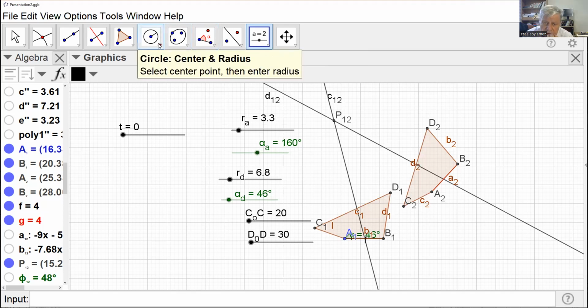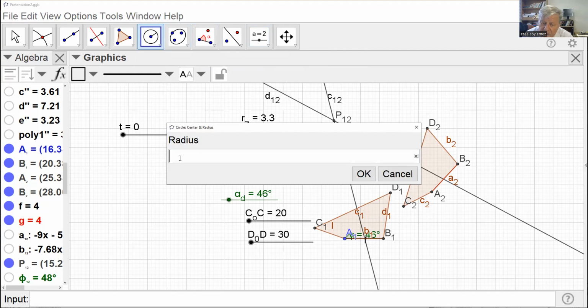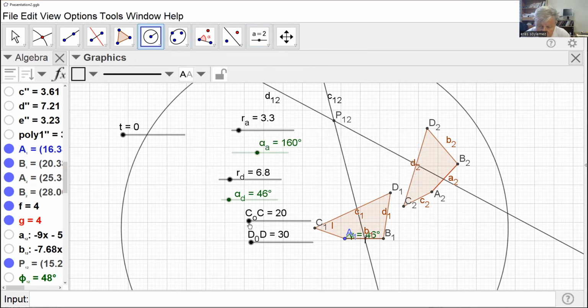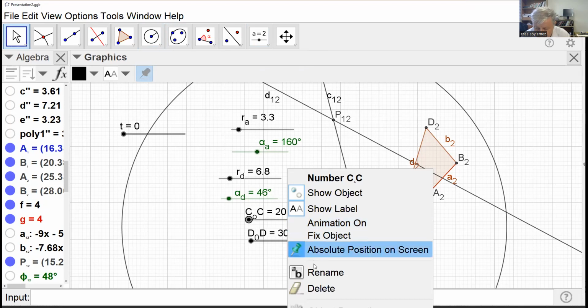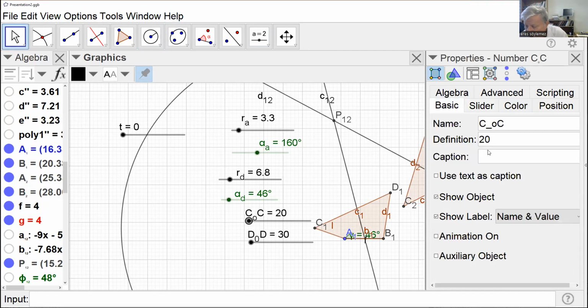Now I will draw a circle with center C1 of radius C0C. Oh, see, I have it too big.